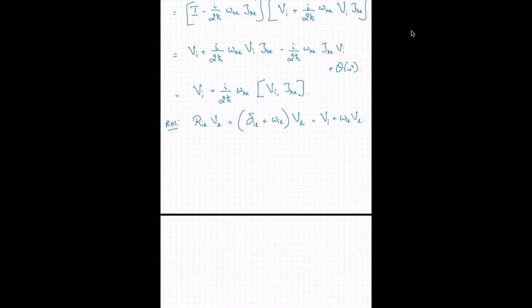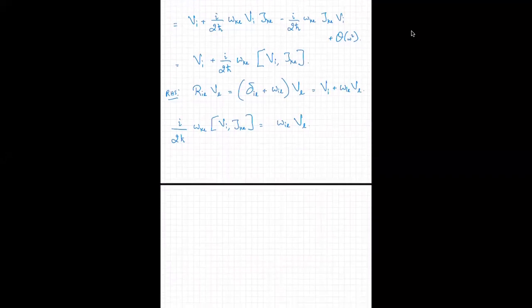So equating the left hand side and right hand side, we have i over 2ħ ω_kl times V_i J_kl equals ω_il V_l. Remember that the V_i on the left hand side cancels the V_i on the right hand side.